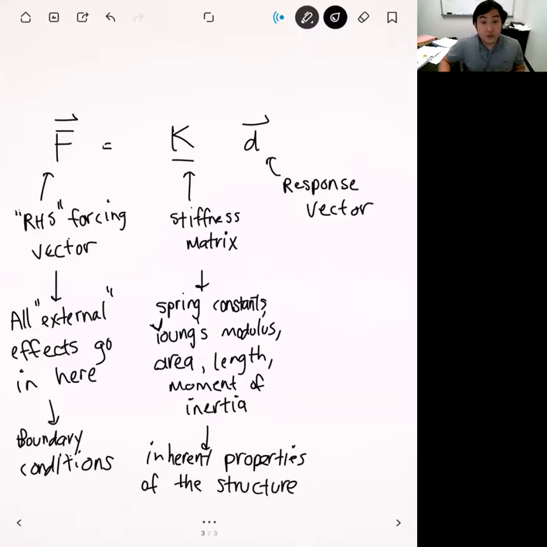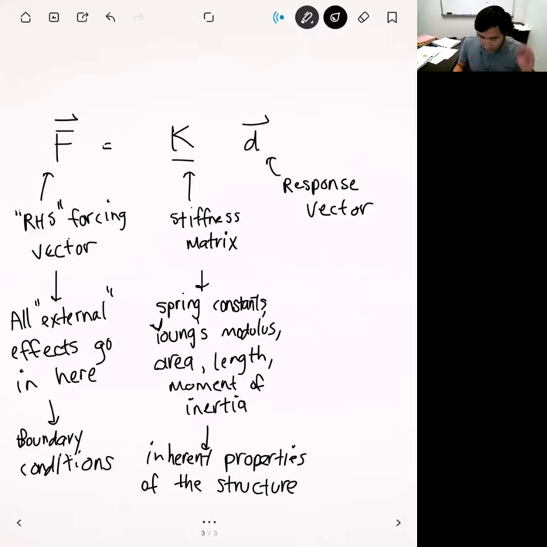Things like geometry, things like the material properties, all of these get factored into the stiffness matrix. No matter what kind of loading you have, whether you apply fixed constraints here or there, or apply loads here or there, that doesn't change what the structure is. Basically, any property of the structure that doesn't depend on anything external will go into the stiffness matrix.